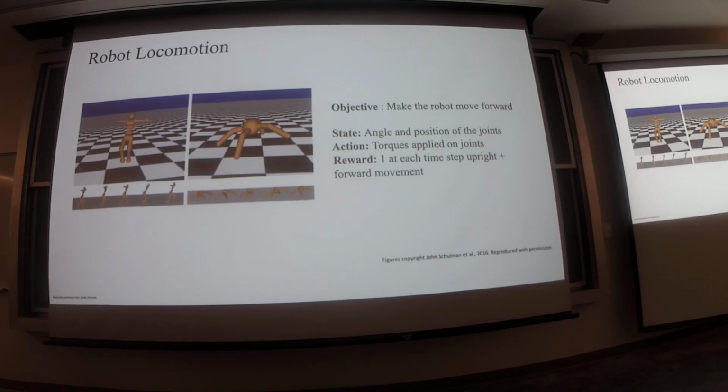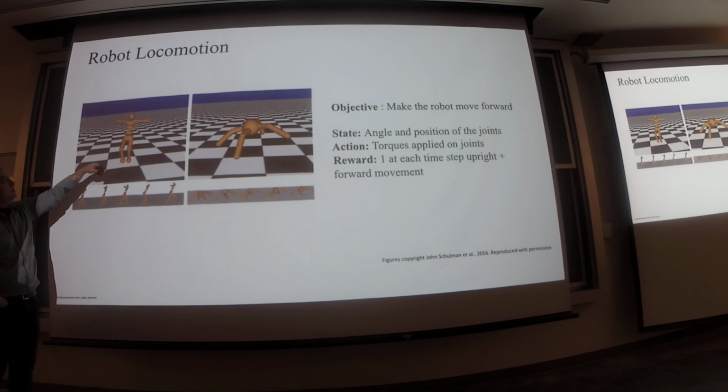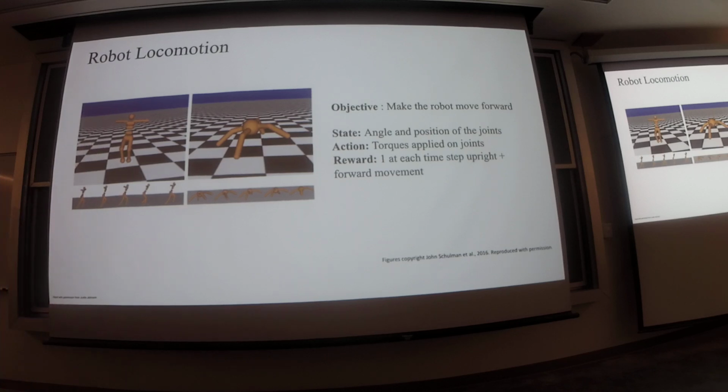It's this idea of robot locomotion. You have these models of different objects, and basically they're just sticks with joints.